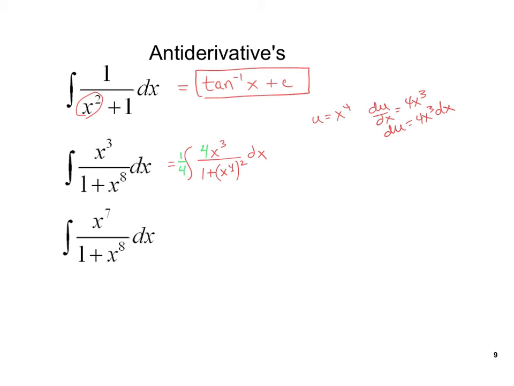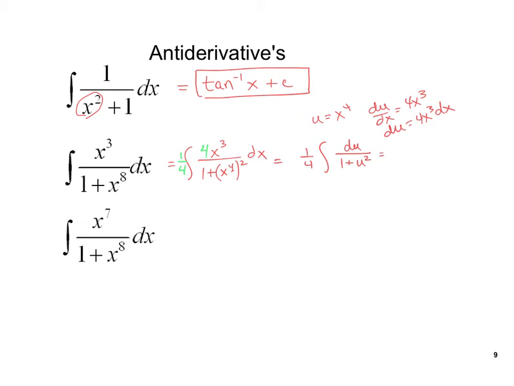But what I now have is, let's take a look. I have 1/4 times the integral of, if I let u be x to the 4th, that means it's 1 plus u squared on the bottom. And 4x cubed times dx on the top is actually my du.